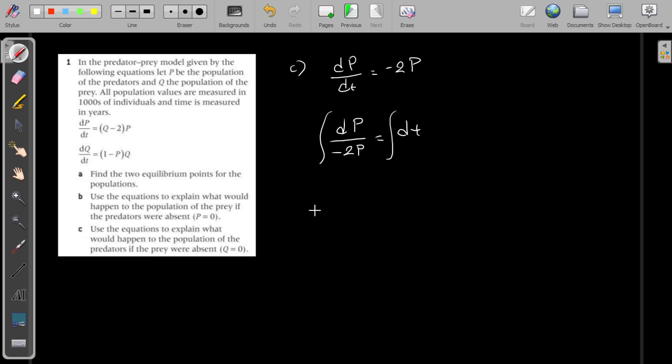So it's going to be ln P equals minus 2t.